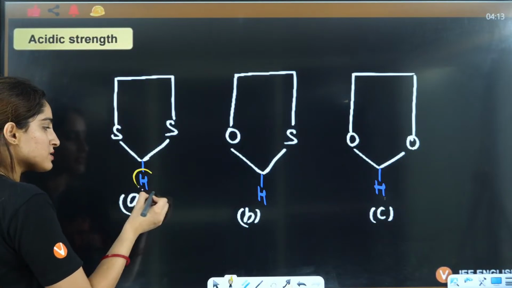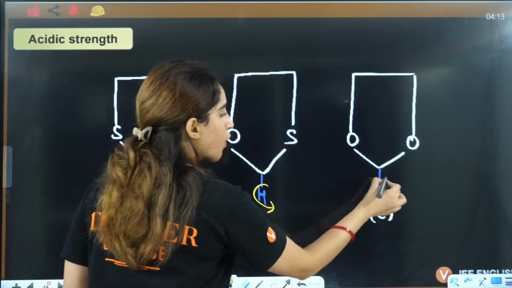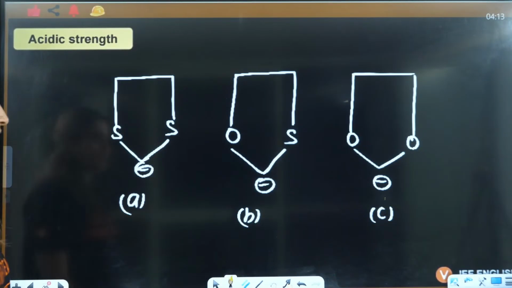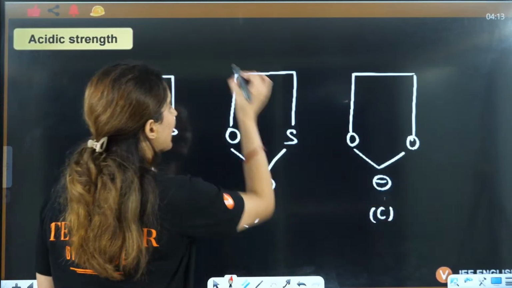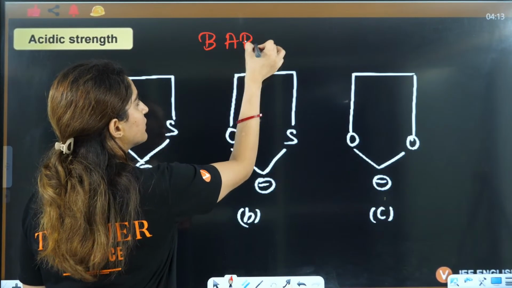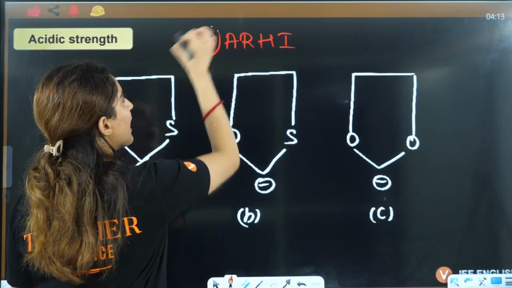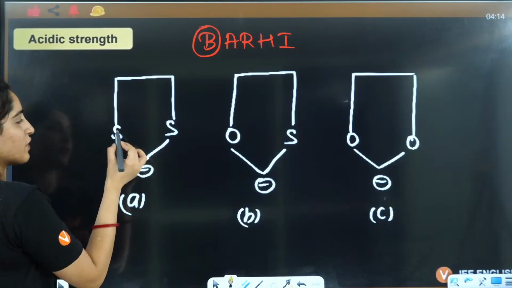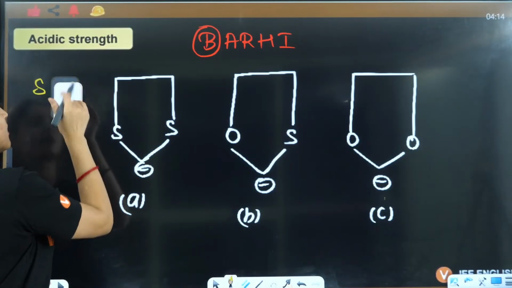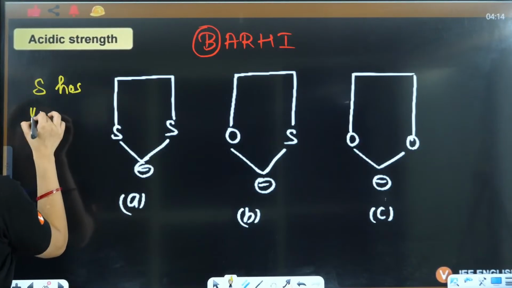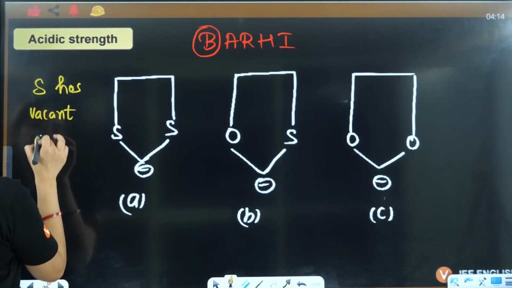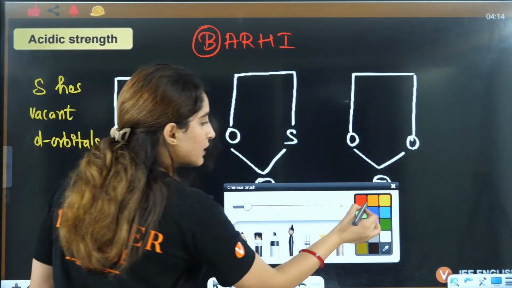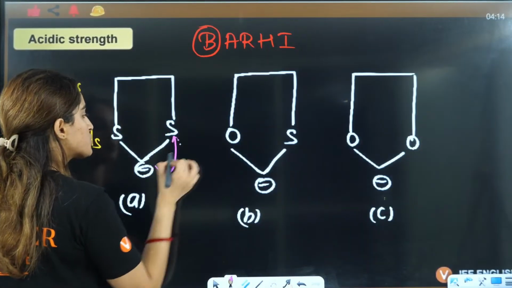So when you lose this hydrogen or this hydrogen or this hydrogen, you will have a negative charge over here. Now apply back bonding here. First is back bonding. Sulfur has vacant d orbitals, and that is the reason it can show back bonding from two sides here.